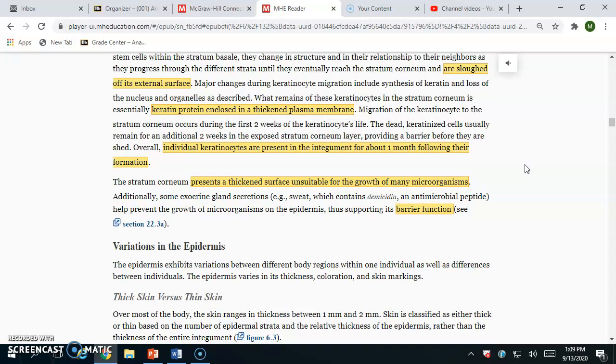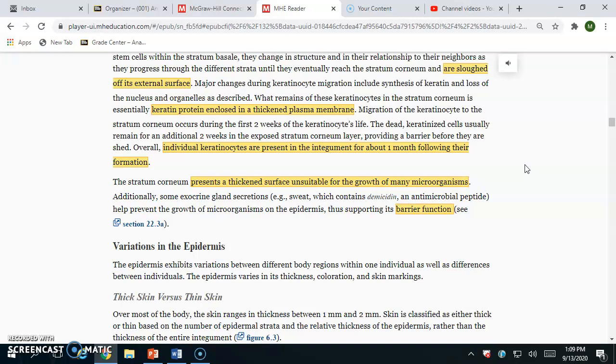We'll notice as we go through the different body systems and talk about the different cells that make up those organs, we'll talk about the lifespan of various cells. The keratinocytes have not the shortest lifespan, but a pretty short one, just a month in our skin epidermis.